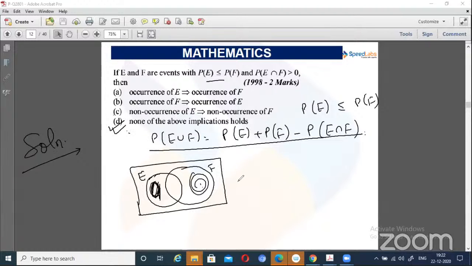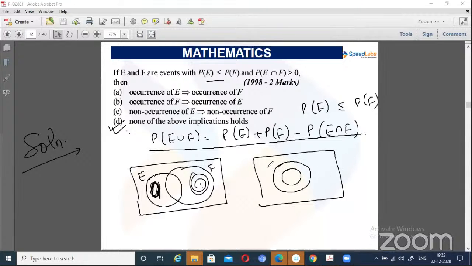Any other thoughts? If something like this happened, F and E, then we can say that this might be true. P of E intersection F is more than 0, which is equal to P of E, which is more than 0.